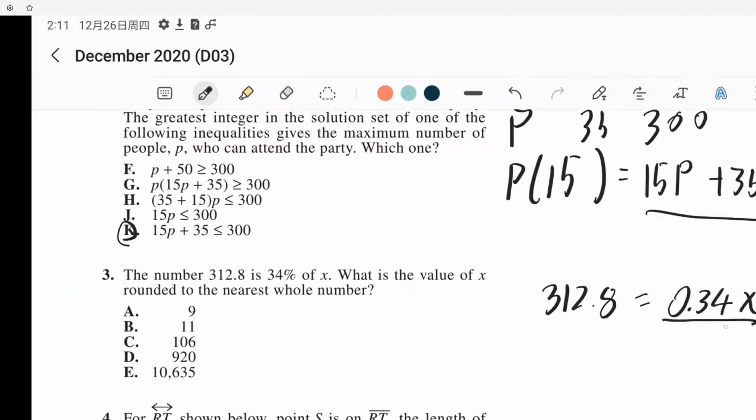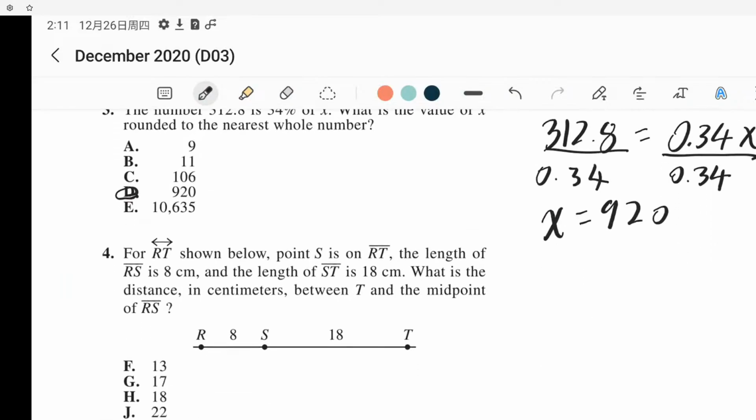To find x, we divide both sides by 0.34. Because 0.34 is a decimal, or in other ways we could write that as a fraction less than 1, the value of 312.8 should increase, which should give us approximately 3 times the value we're given. So to the nearest whole number should be 920, which is D.